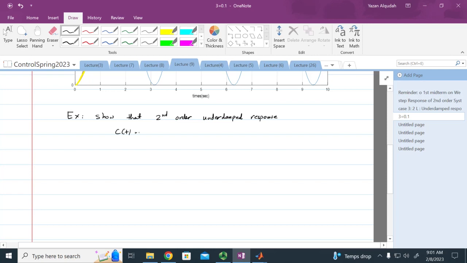C of t equal to 1 minus e to negative zeta omega n t multiplied by cosine omega d t plus zeta over square root of 1 minus zeta squared sine omega d multiplied by t.